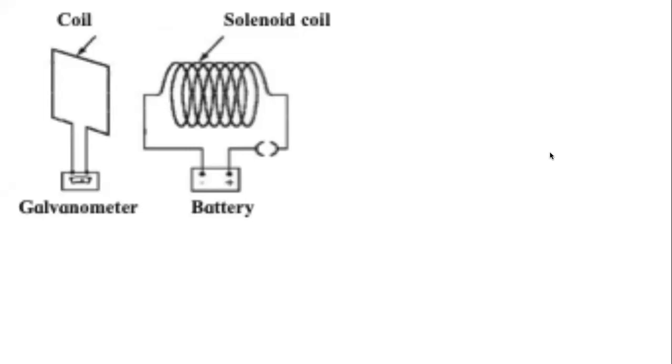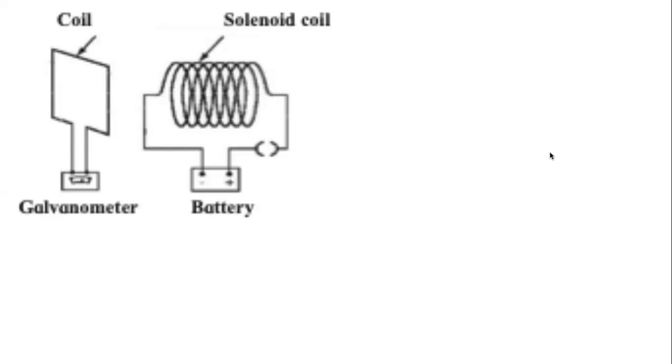So it's a very similar setup. But instead of a magnet, we have a solenoid coil, spiral, and it is connected to a battery. And we studied again in the previous chapter that when electric current passes through such a solenoid coil, magnetic field is produced, and that magnetic field is similar to the magnetic field of a bar magnet.